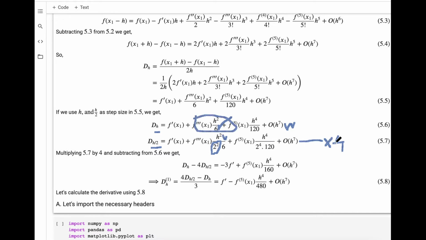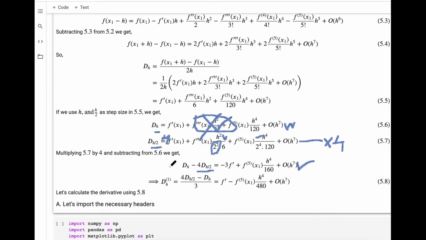Okay, so after multiplying this equation with 4, we can successfully remove this term from the equation, get a 4 in front of this, and of course in front of all the other parts. So this is done in here. We have multiplied this 5.7 equation with 4 and ended up with this equation.